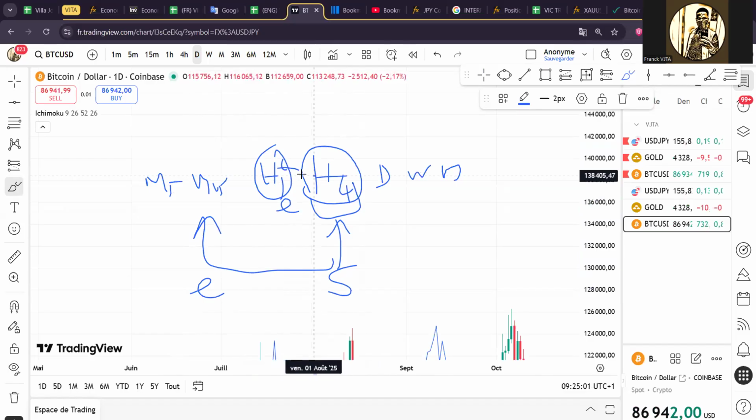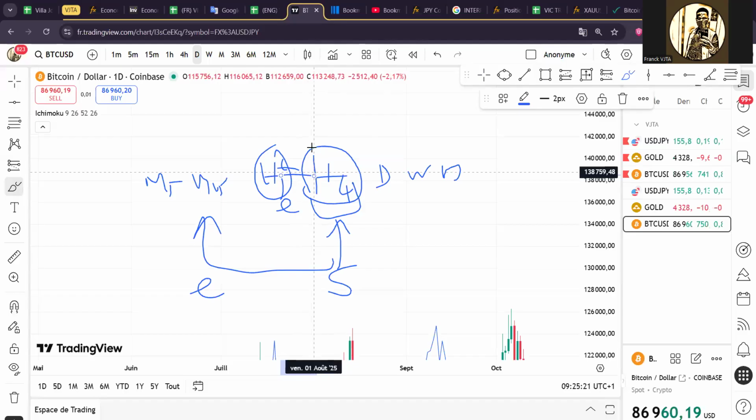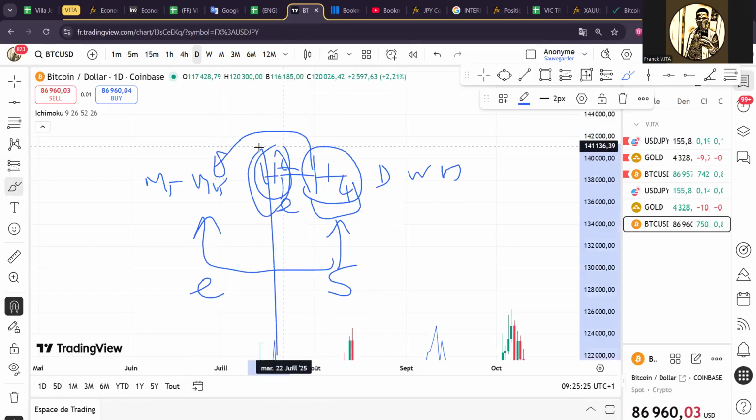That would give you a linear analysis, where you go time frame by time frame. But that's not the multi-time frame analysis that people call top down analysis. This is more of a non-linear multi-time frame analysis where you skip one time frame and go to the next time frame without even looking at anything in the middle time frame here. That's what these techniques give you.